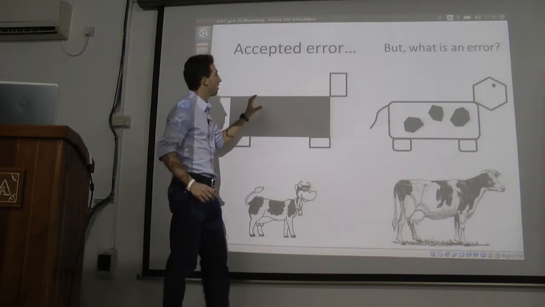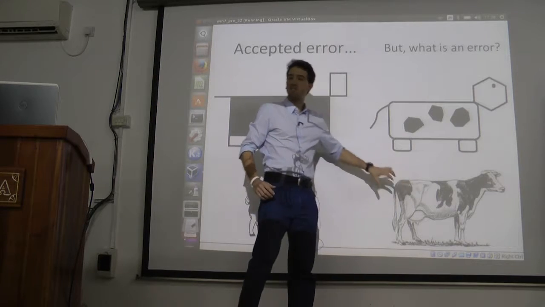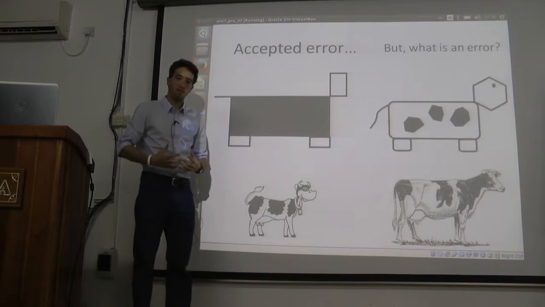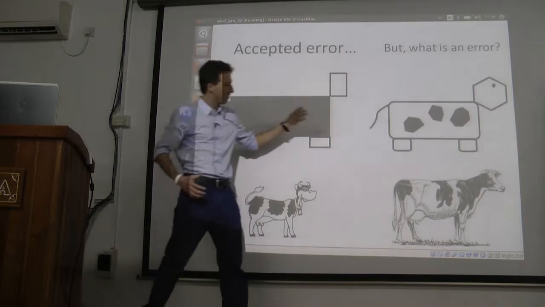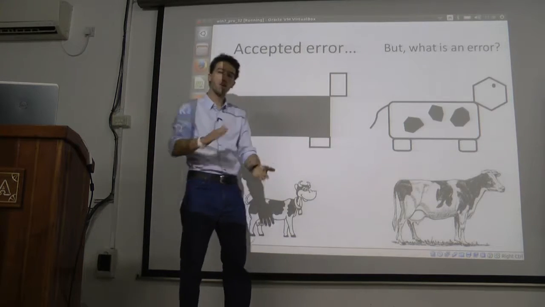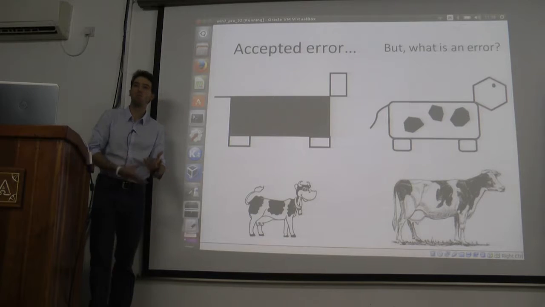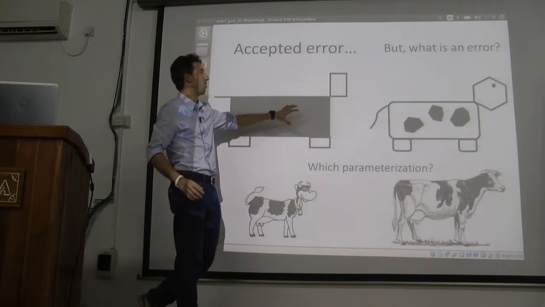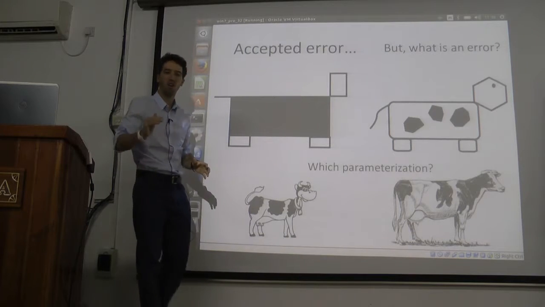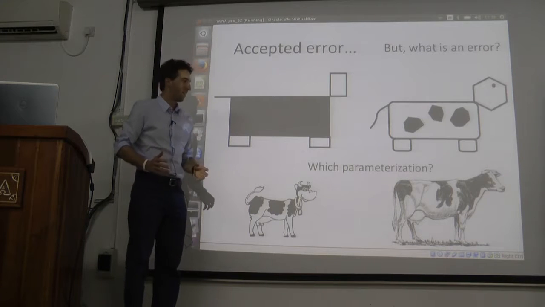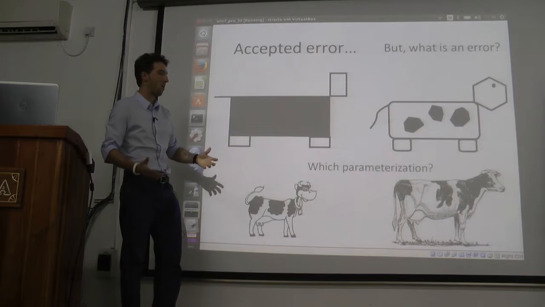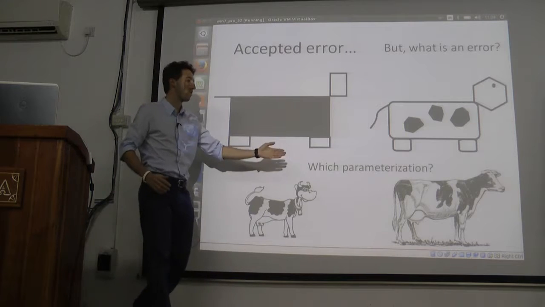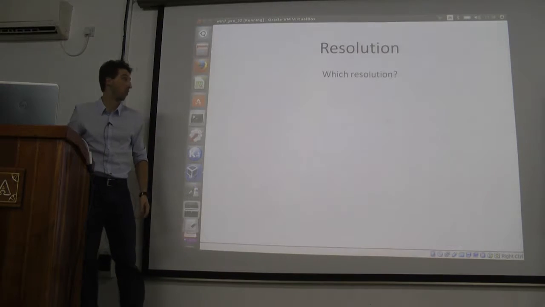The lower you want your error to be, the more physics you have to take into account. Depending on how low you want your error, you have to decide on different parameterizations in the WRF model.